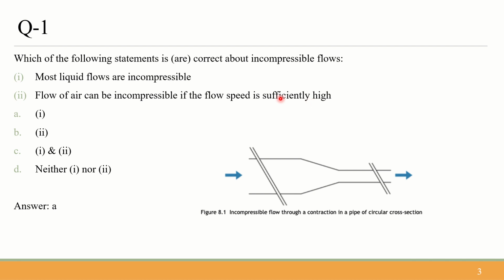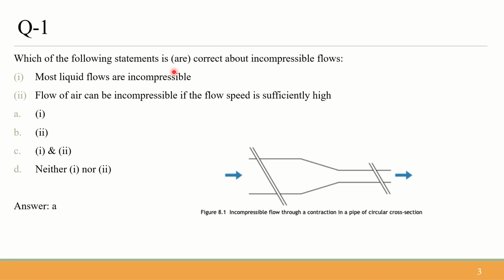So both the statements can be looked at in a way that the first statement mentions that most liquid flows are incompressible, almost always incompressible. Sometimes it can be adjusted according to our need, but in most scenarios, the liquid flows would be incompressible.